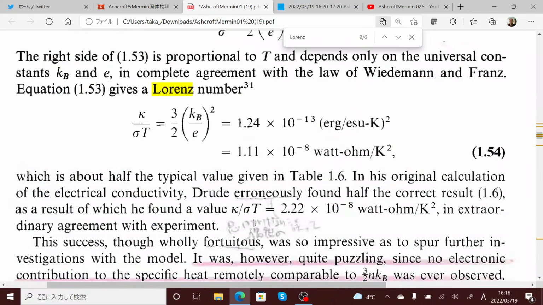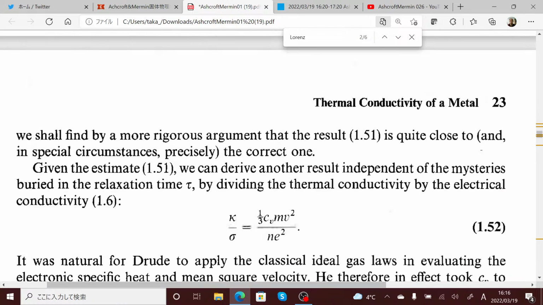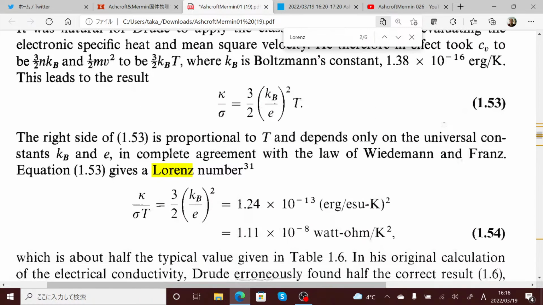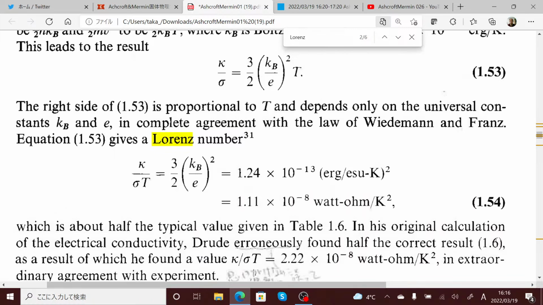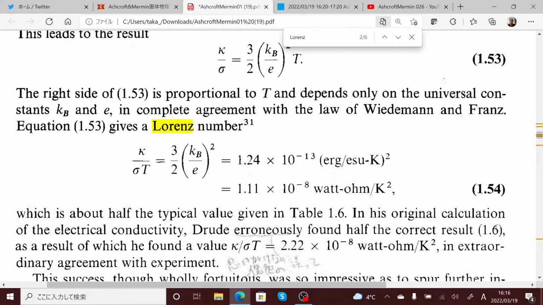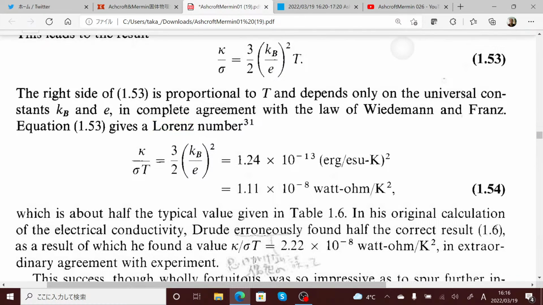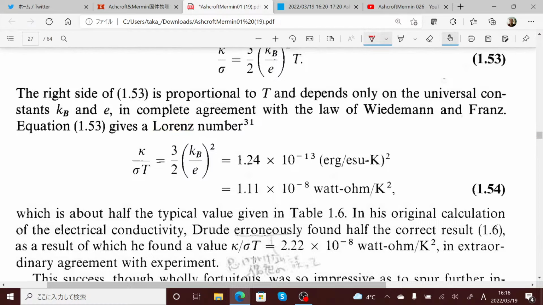Okay, so now I found the page. This is page 23, equation 154. That's a Lorentz number. The Lorentz number we just saw was, instead of 3/2, pi squared over 2.